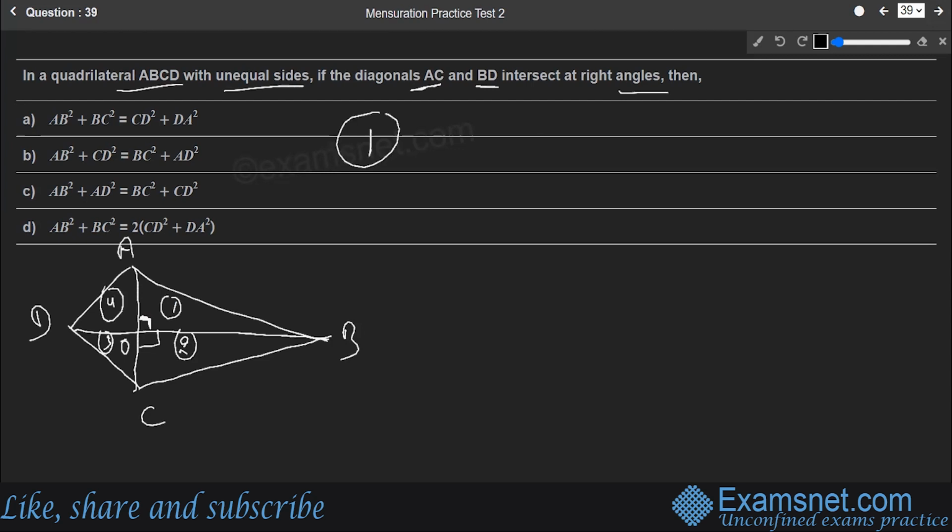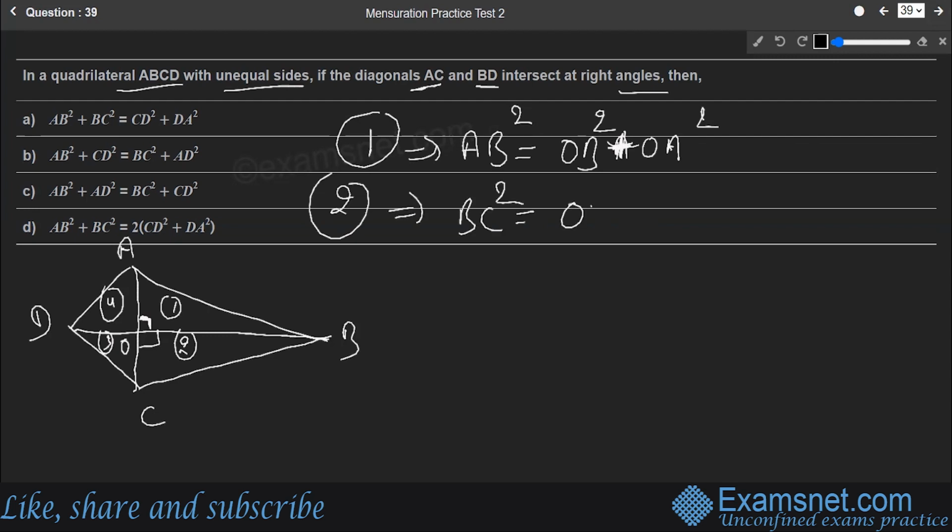If you see the first right triangle, the hypotenuse square is always base square plus perpendicular square. Hypotenuse of the first right triangle is AB, so AB square is equal to base OB square plus perpendicular OA square. If you see the second right triangle, the hypotenuse this time is BC, so BC square is equal to OB square plus OC square.